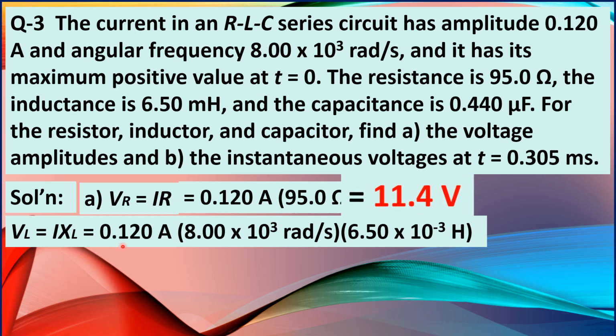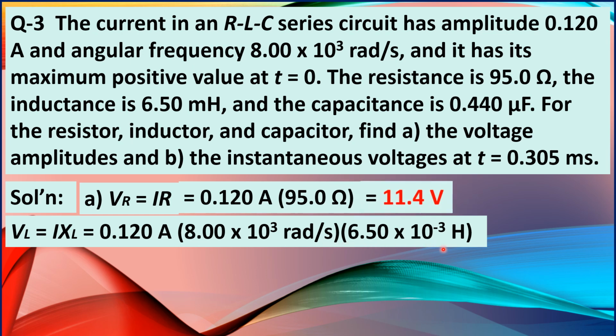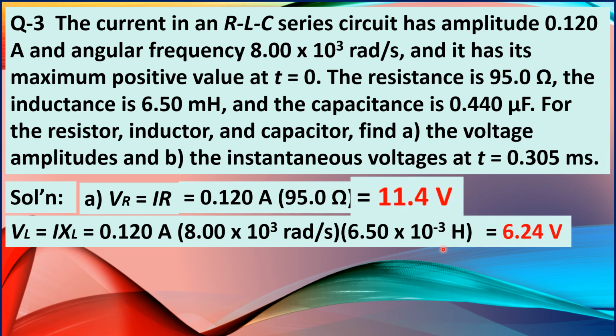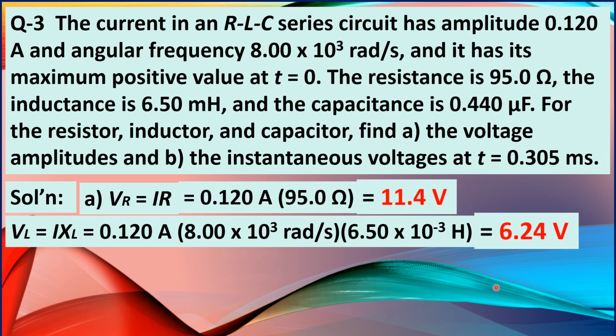So multiplying the current, which is 0.120 amperes, and the inductive reactance, capital X sub L, which is just equal to the product of omega and the given inductance, that is 8.00 times 10 to the third power radian per second times 6.50 times 10 to the negative 3 henry. Simplifying, we get this value for the voltage amplitude across the inductor, which is 6.24 volts.